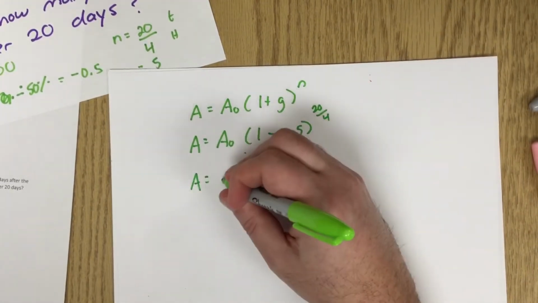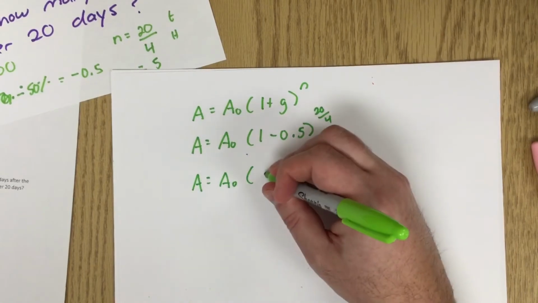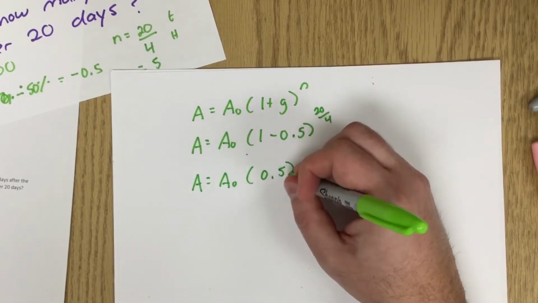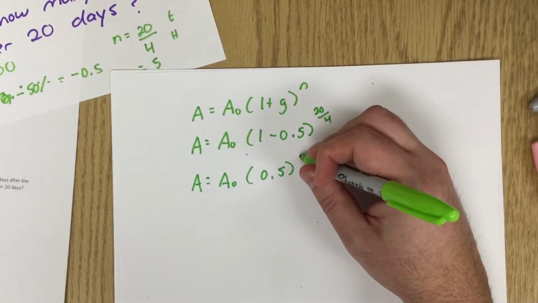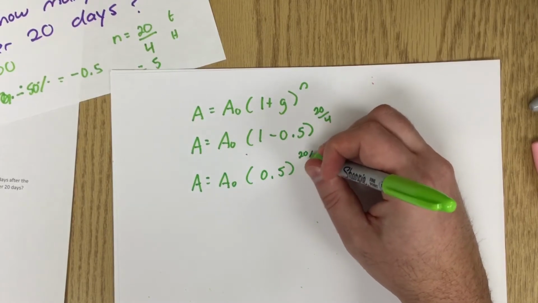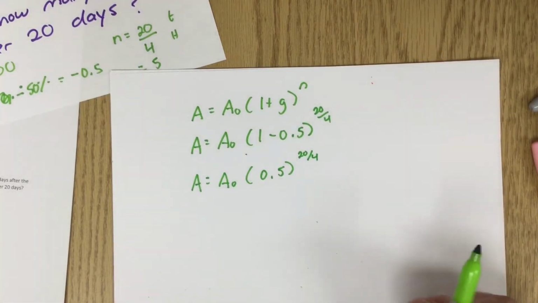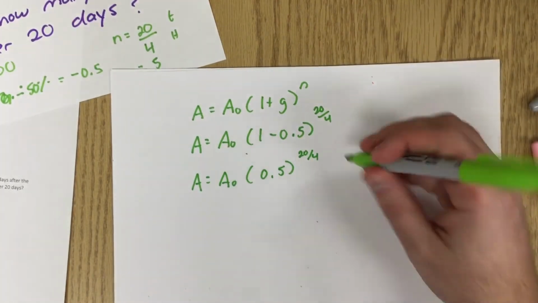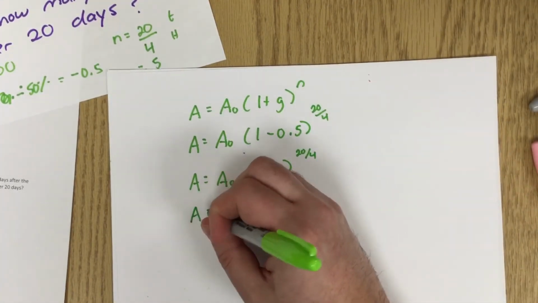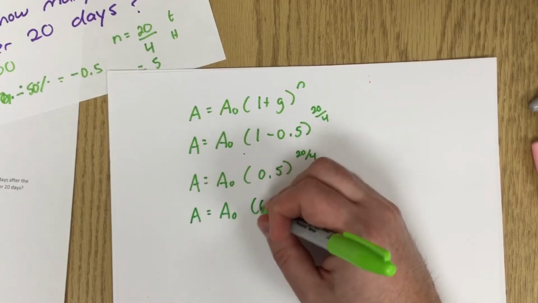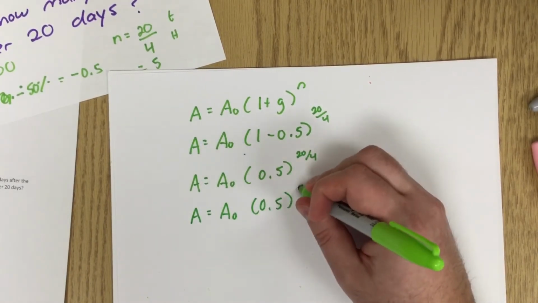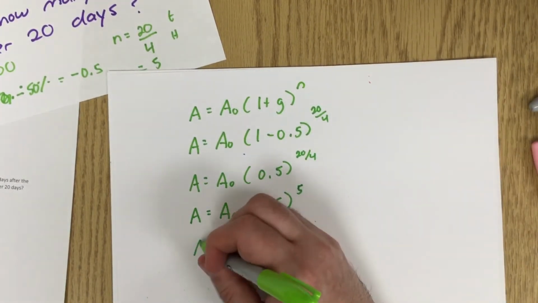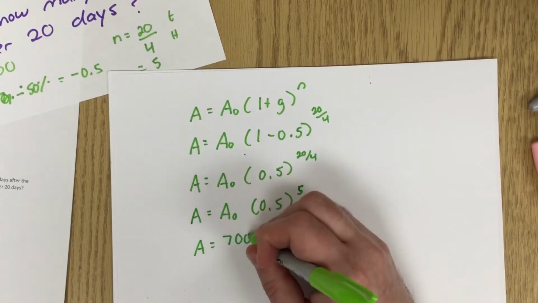Or to put it another way, it's going to be 0.5 to the 20 over 4, which we're going to actually calculate, which is 5, of course. And A naught in this case is 7,000.